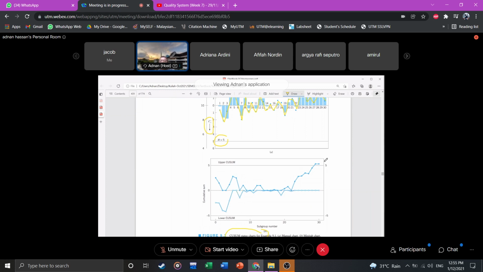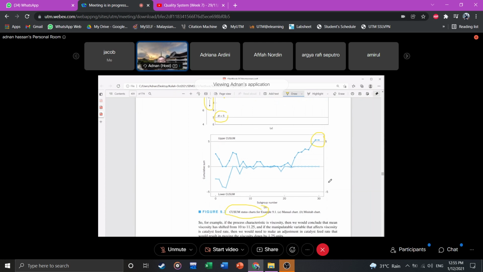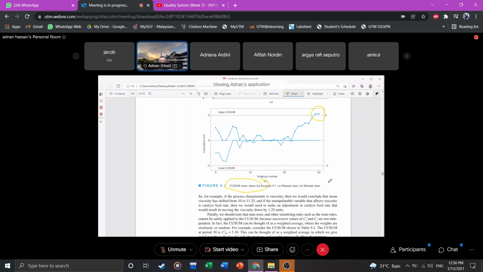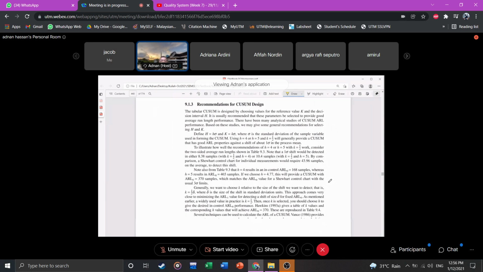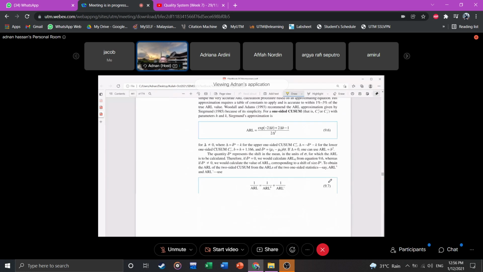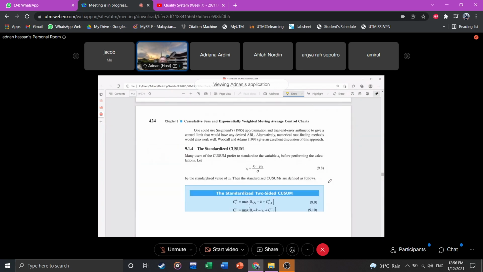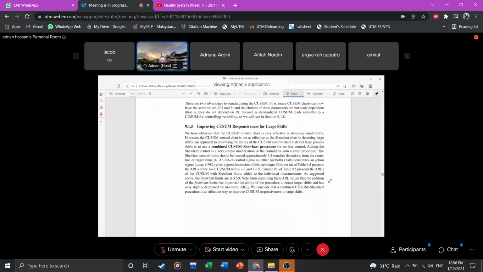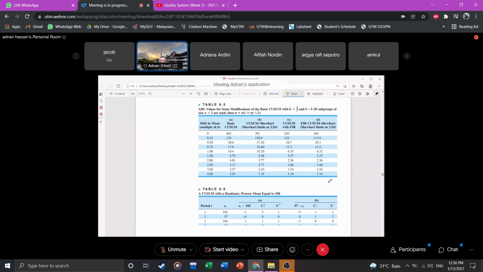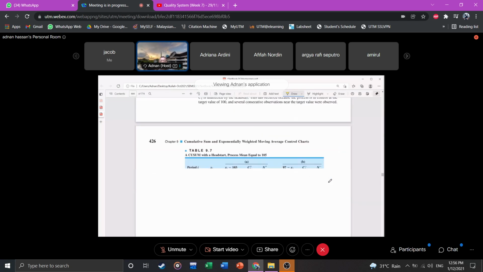So this detection is happening there, which was not detected by a Shewhart control chart. I will continue to discuss this. Next week I think there is no class, right? You have semester break, and I will give you a few exercises to practice this.